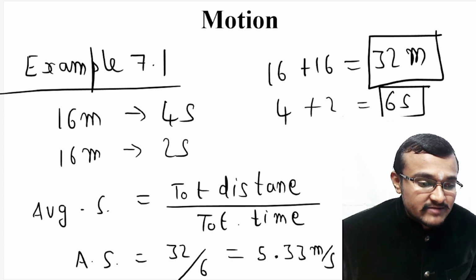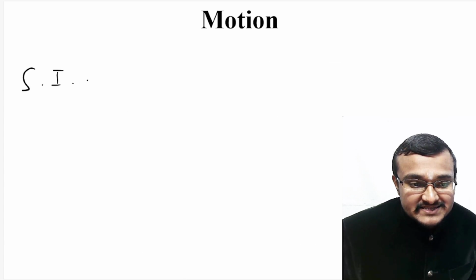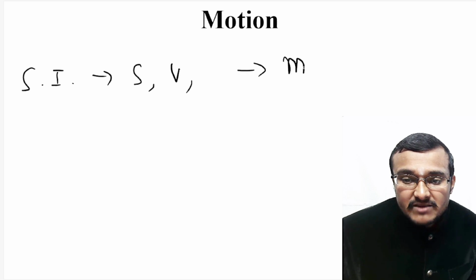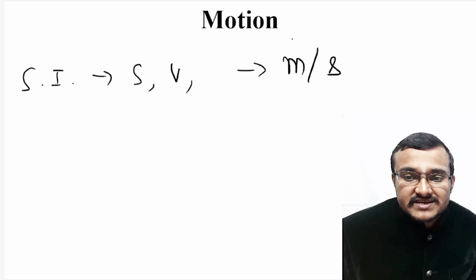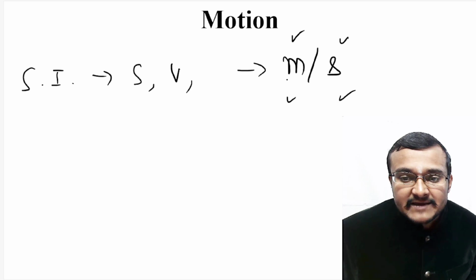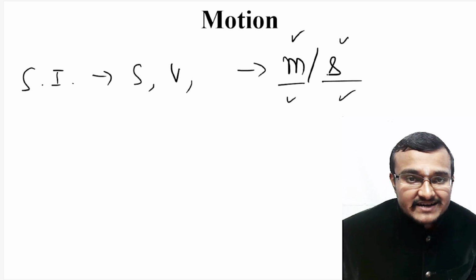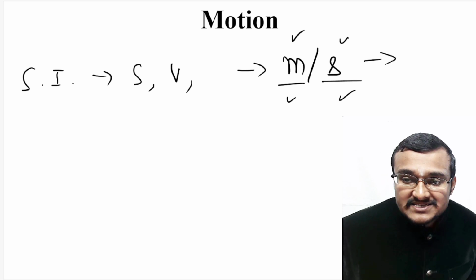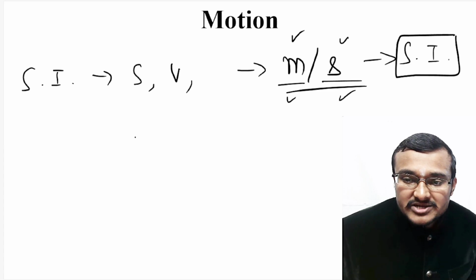Here you should always remember the SI unit of speed or velocity will be meter per second, because here you are considering distance by time or displacement by time. So the unit for displacement will be meter and the unit for time will be second. That's why the SI unit of velocity or speed will be meter per second.